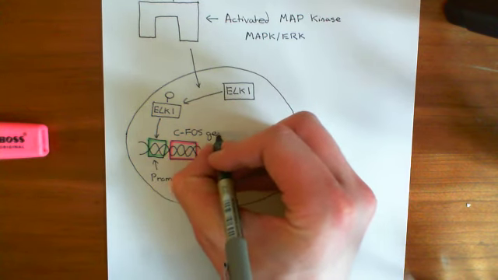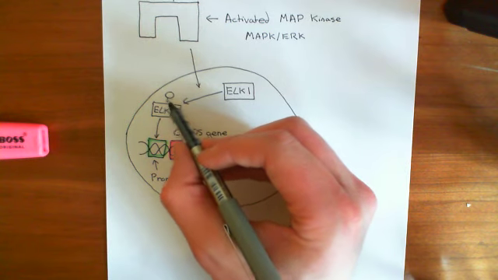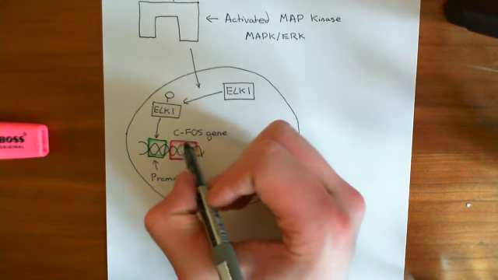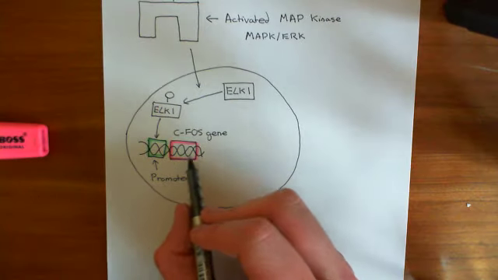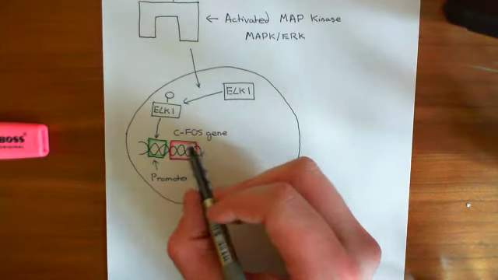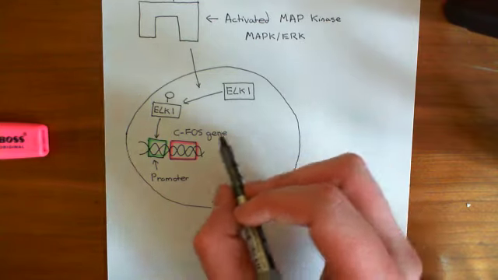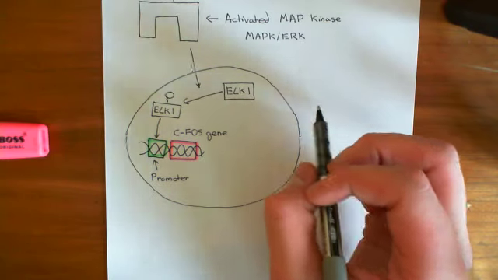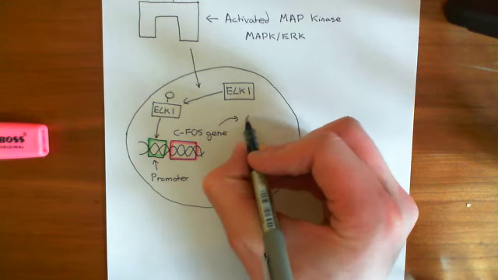Okay, so what happens is that ELK1, with its new phosphate group attached to it, is going to bind to the promoter region of the C-fos gene and is going to increase the transcription of this gene. Okay, so that means you produce more mRNA, and if you produce more mRNA, you're going to get more translation of that mRNA into the active protein, so you end up with more C-fos protein.